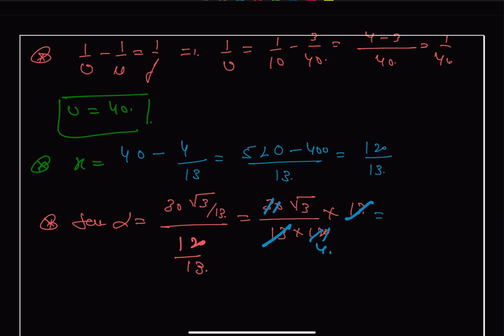This comes as 430, 430, and this gives us 90. Yes, now hopefully it will be sorted out.